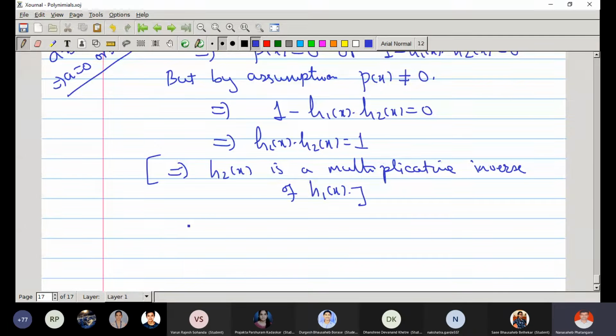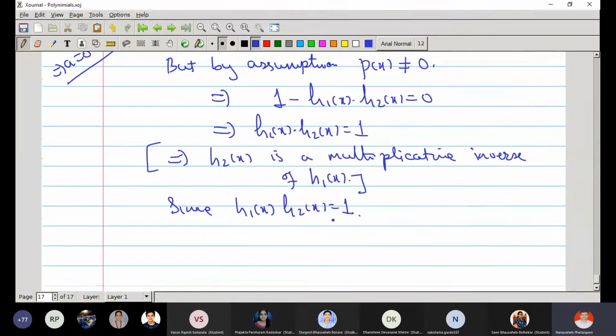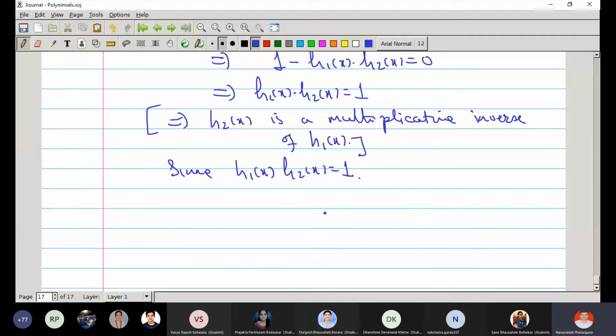Left hand side is a polynomial and right hand side is a polynomial. So RHS is a polynomial of degree, what is the degree of RHS? 0.